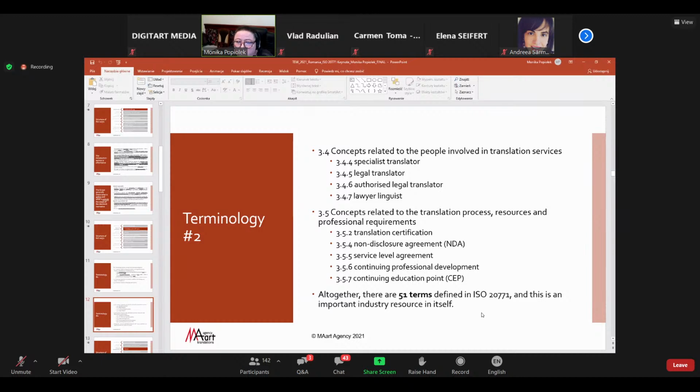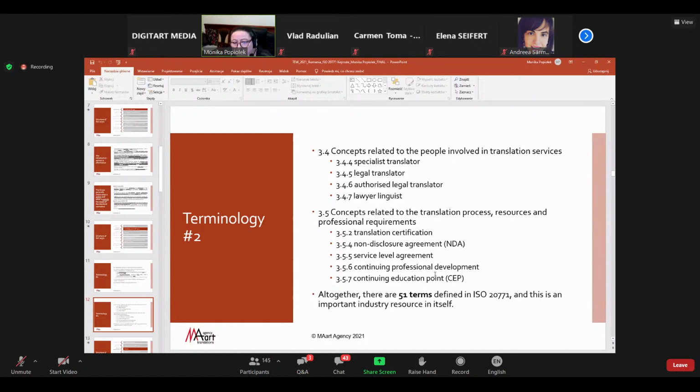Concepts related to the translation process, resources, and professional requirements are the next section. That's, for example, translation certification, the non-disclosure agreements, the service level agreements, also called SLAs, and the continuing professional development.